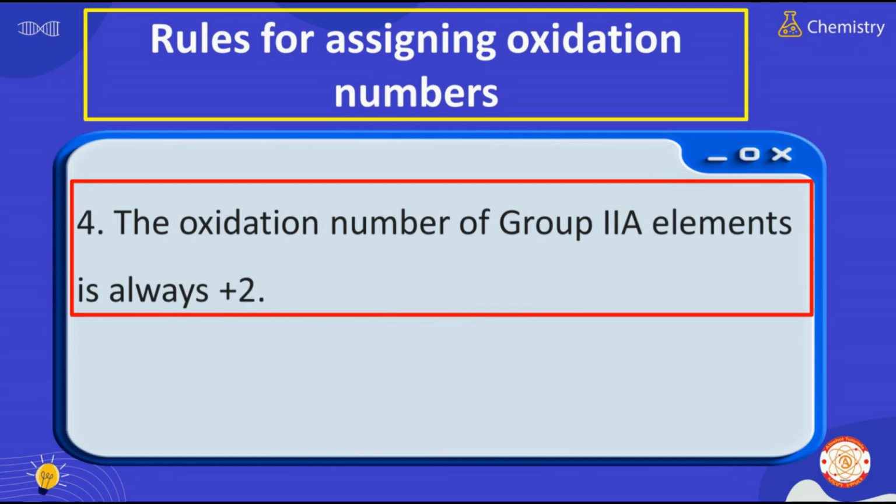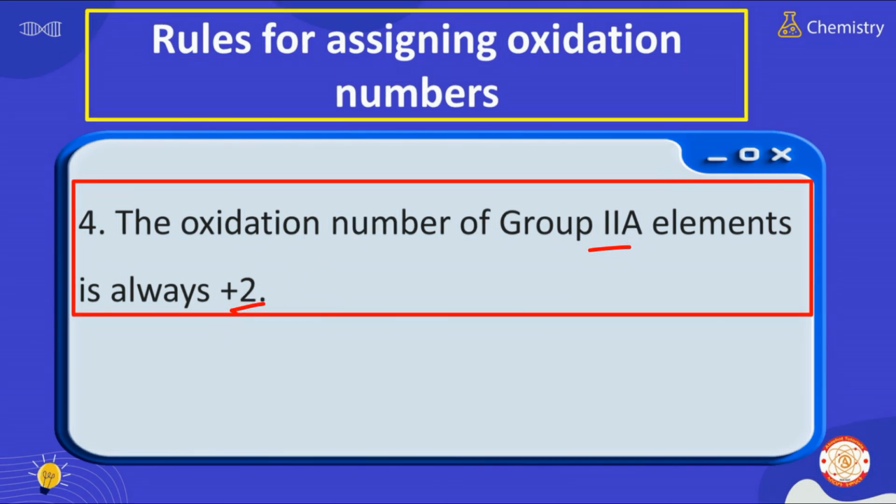The fourth rule says the oxidation number of group 2A elements is always +2. Group 2 elements such as beryllium, magnesium, calcium, barium, and so on. All these elements have an oxidation number of +2.